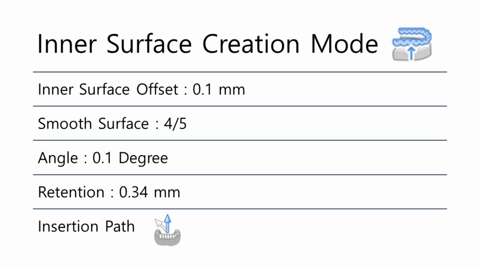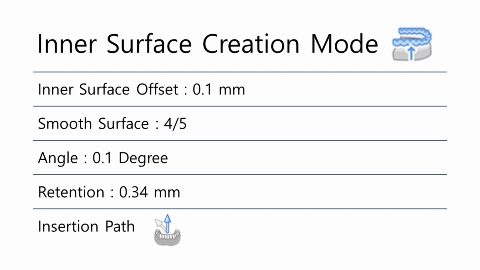The inner surface creation mode is where you define the fit of the splint by adjusting retention and offset. In the Medit Splints app, the inner surface creation mode is used to refine the inner surface of the splint. In this mode, you can adjust the blockout amount and direction, inner surface offset, and the smoothness of the inner surface to ensure a precise and comfortable fit for the splint.